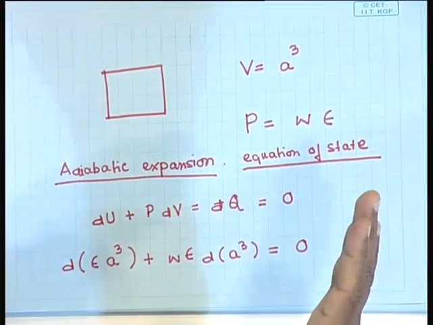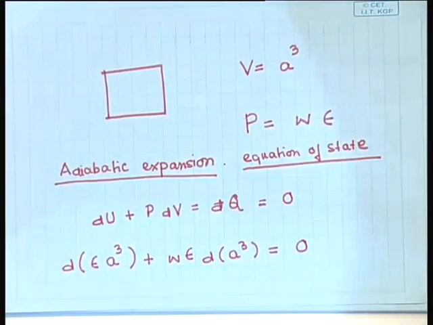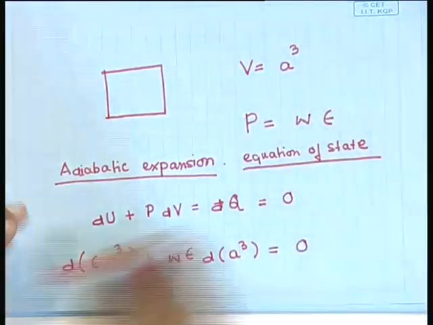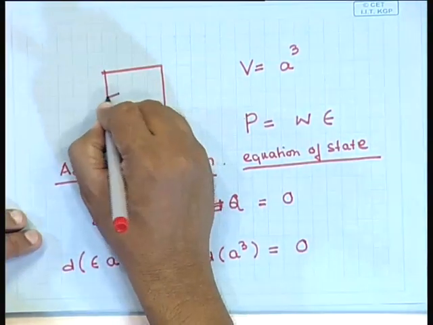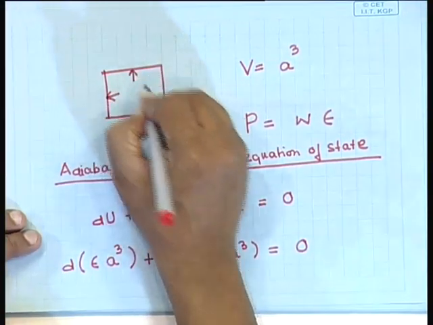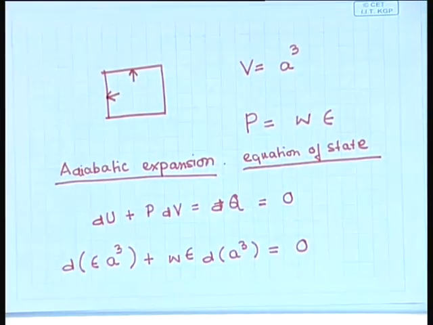If the container expands, the gas inside does work on the walls of the container. The pressure is acting outward, so if this expands, the pressure does work on the walls, and some of the energy goes into that.